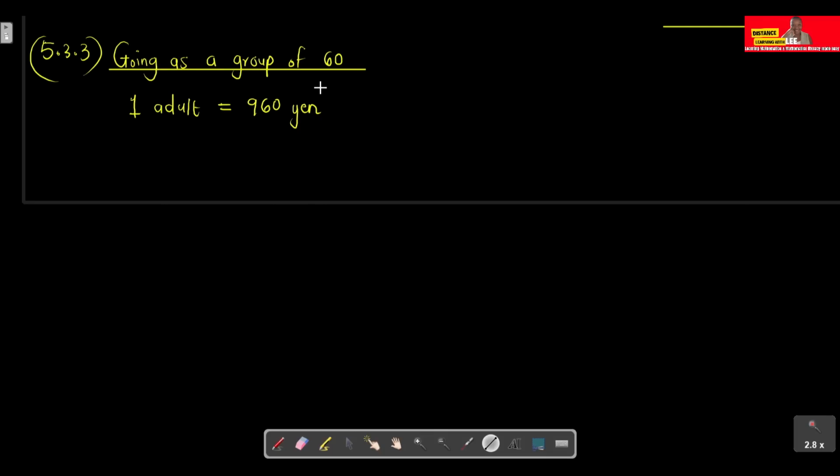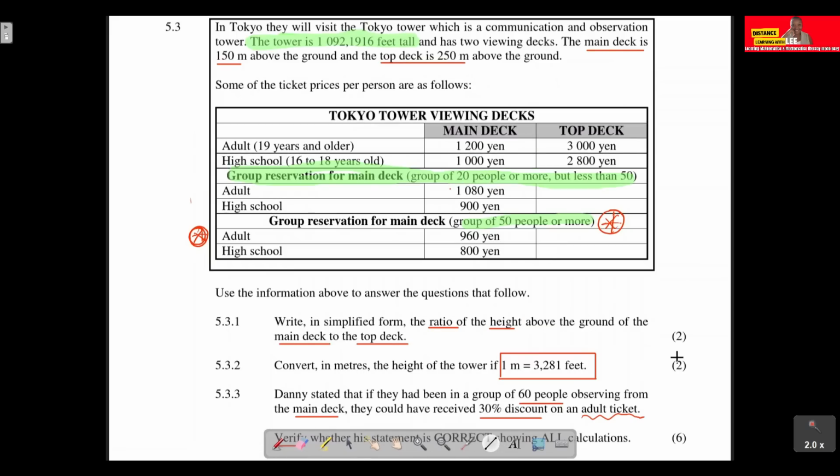However, when you're going individually, how much would you pay? Because he now wants to check, are you getting a discount if you go as a group? Do you pay less if you go as a group as opposed to going alone? So how much does one person pay if you're going individually? Here we're given information about how much you pay if you're viewing the main deck or the top deck individually. And we see that if you're going individually, you pay 1,200 yen for an adult ticket.